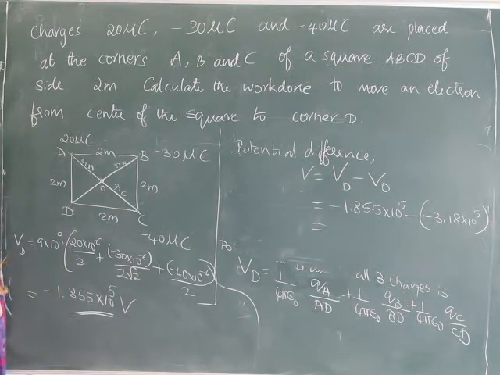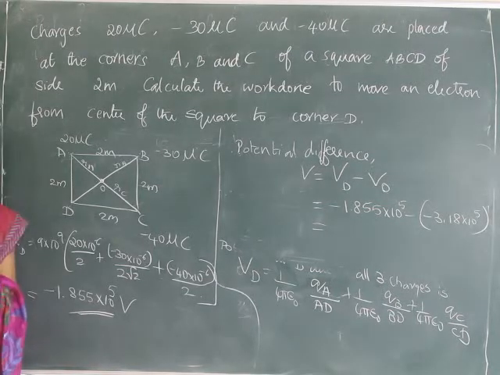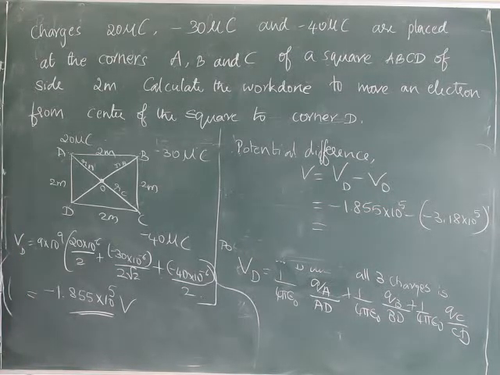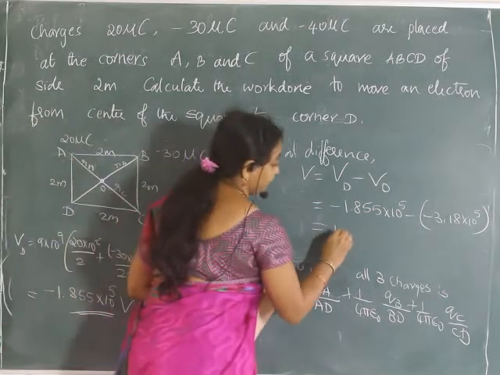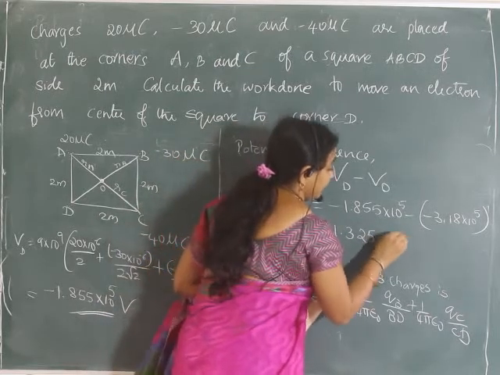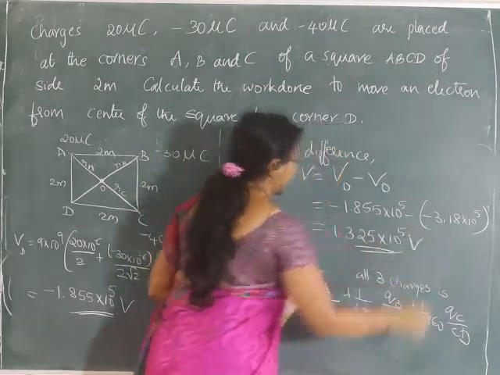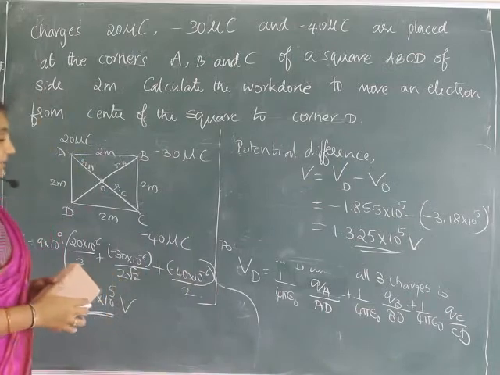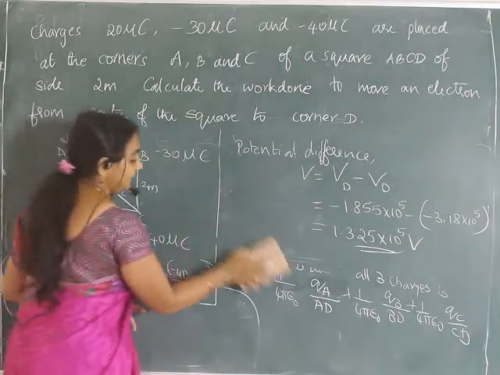Subtract 1.855 from 3.18. What is the answer? 1.325 into 10 to the power 5 volt. That is the potential difference between VO and VD.